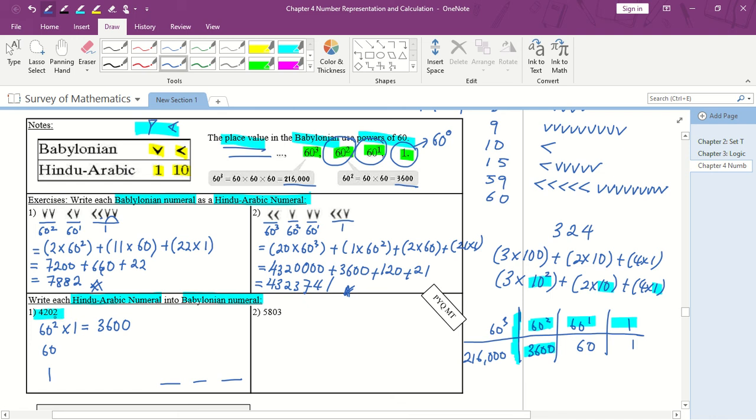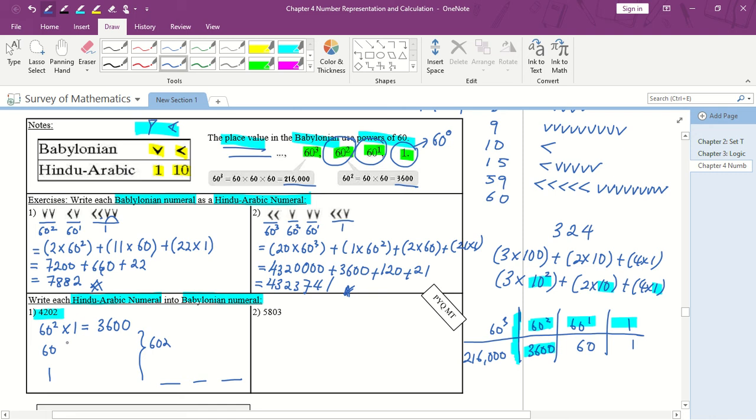Okay, so 4202 and 3600, and now we have 3600 here. So what we're gonna do is use 4202 minus 3600. So we know that it is 602, which means that the rest I need to cover up here.